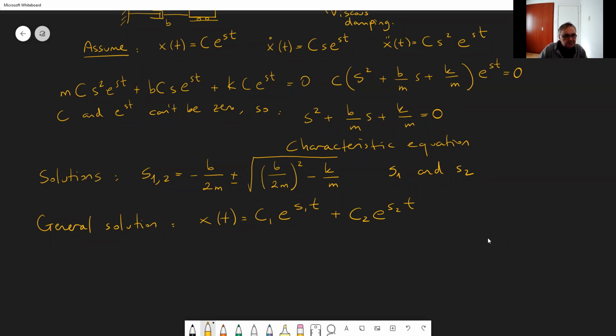So if, for example, b over 2m squared is less than k over m, the thing inside the square root would be negative. So s1 and s2, called the roots of this equation, will be complex conjugates.